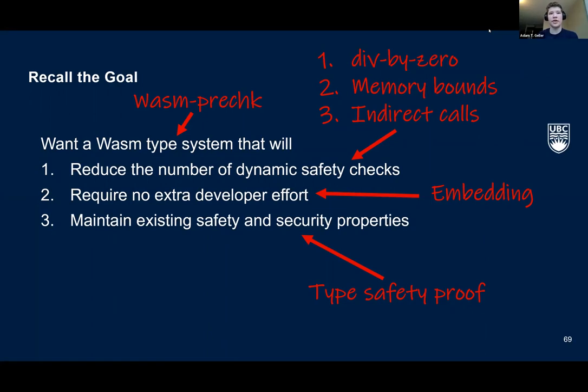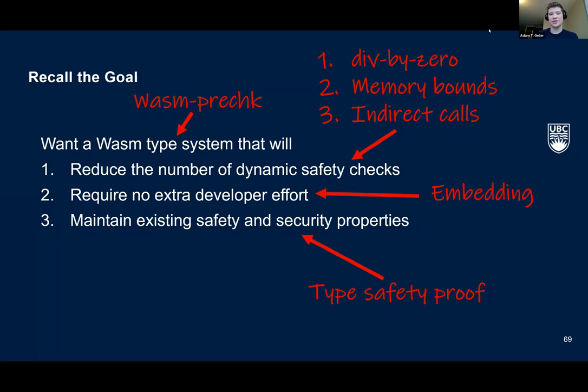I think for the indirect call, you would probably want the most constraint information. For division by 0, it's the simplest: you just want it to not be equal to 0. For memory bounds, you want it in a certain range.